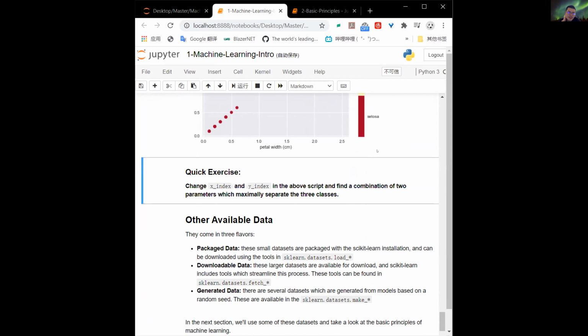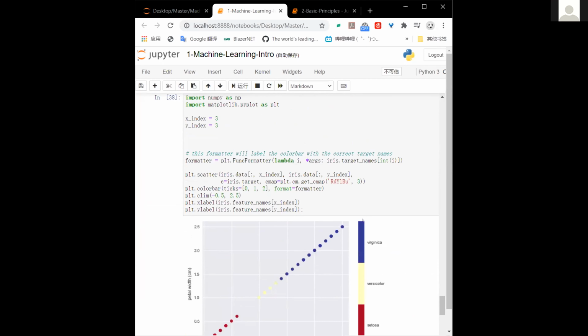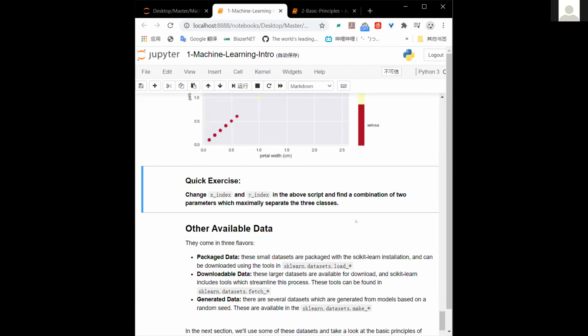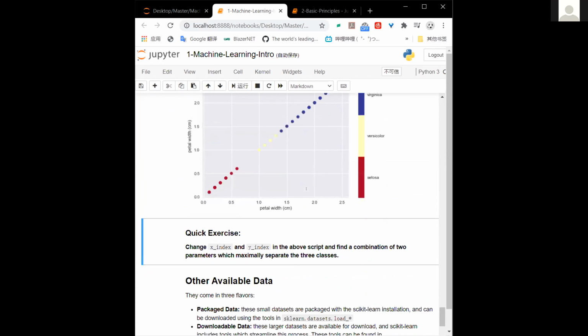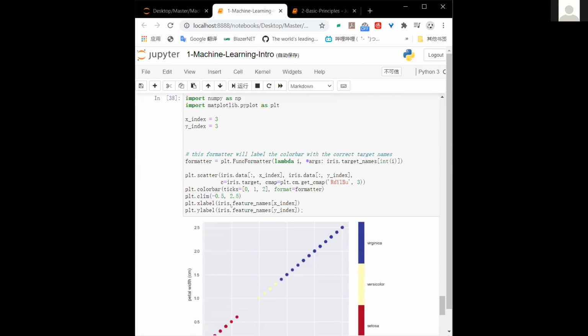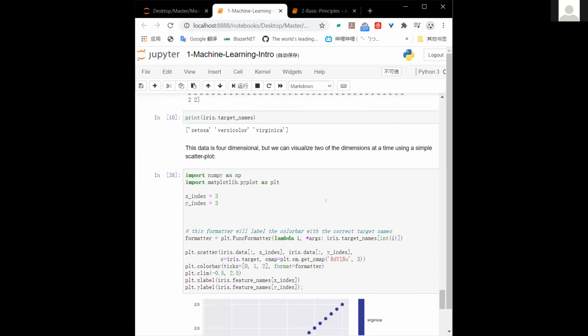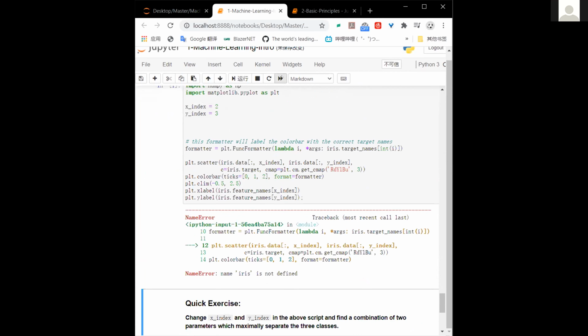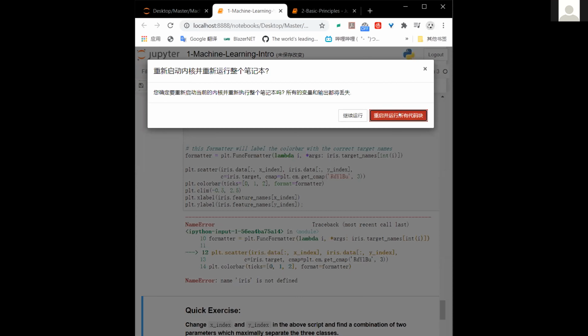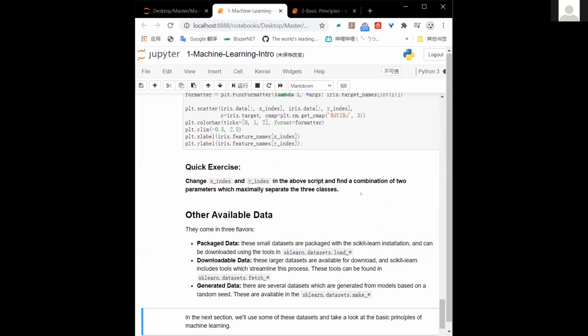I don't remember the details, but I think the answer you have right now is unlikely to be correct. Let me see. X index, Y index code. I thought you just want to change the X index and Y index. If I change it to the other index, I need to rerun everything.